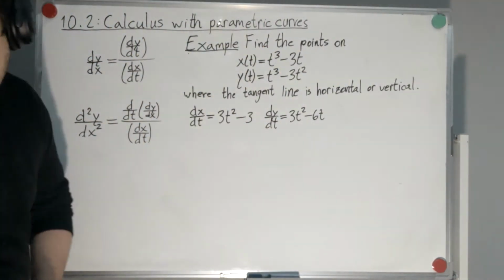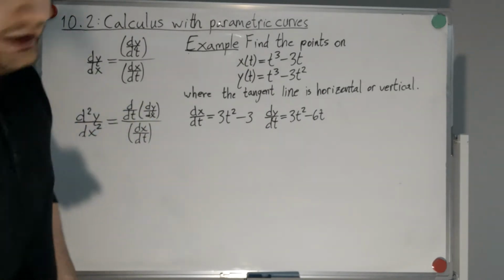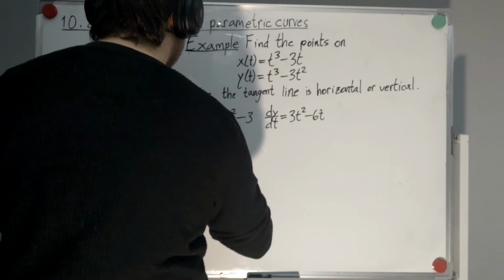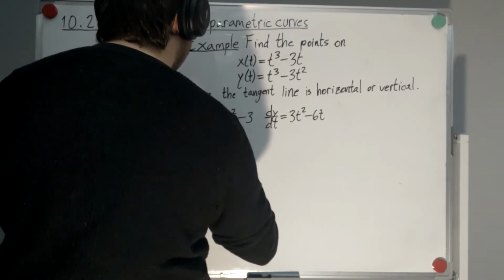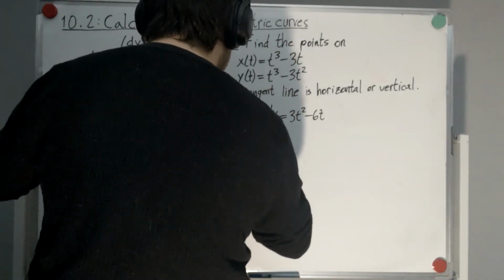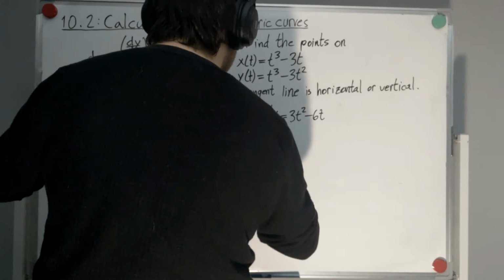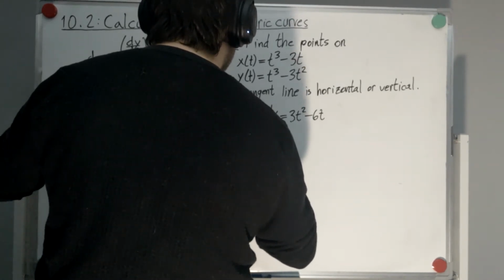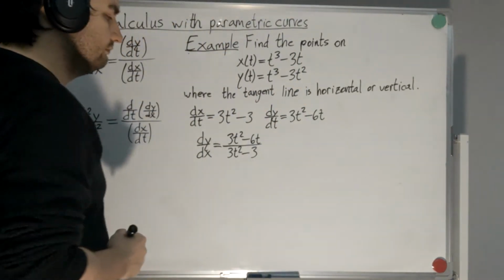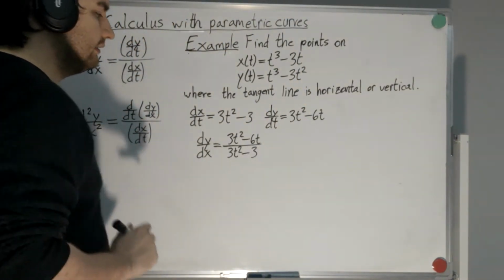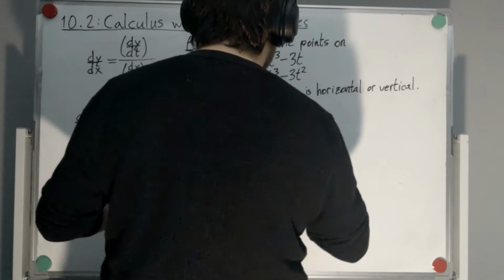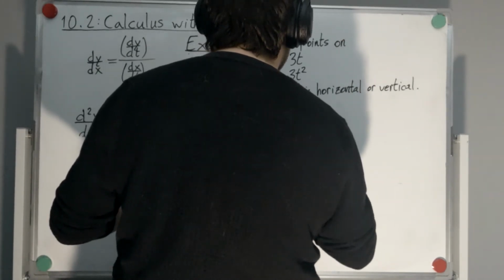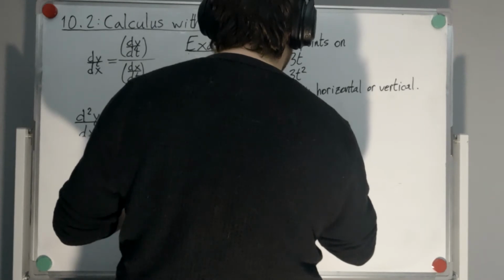And then, if you want the slope of the tangent line, dy/dx, now you're talking about (3t squared minus 6t) divided by (3t squared minus 3). And this, by the way, can be written as (t squared minus 2t) divided by (t squared minus 1).